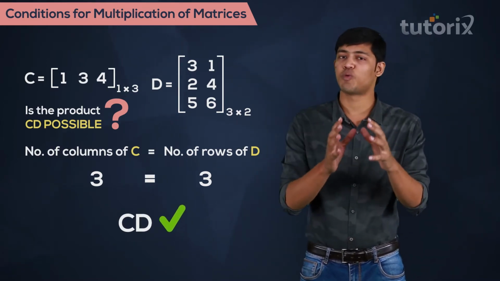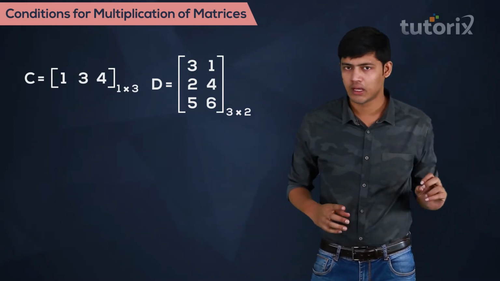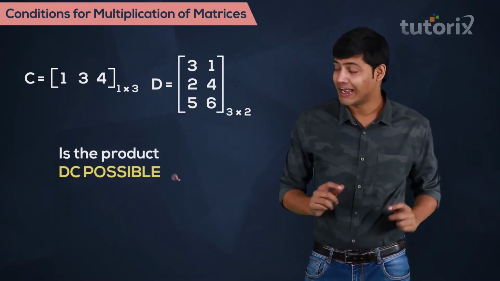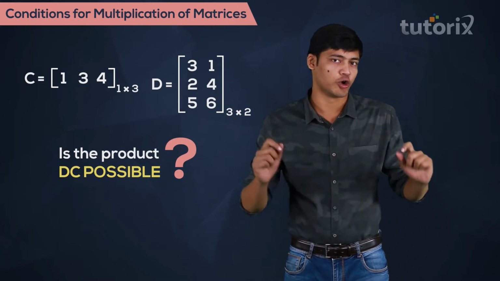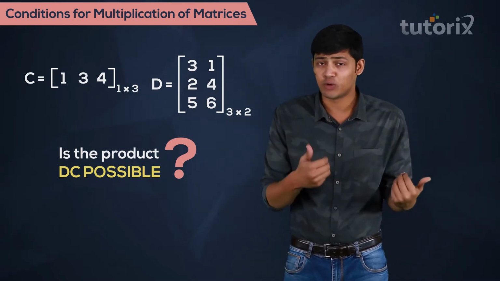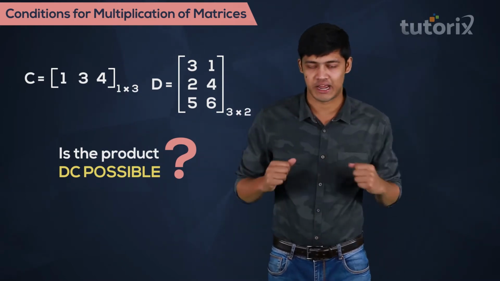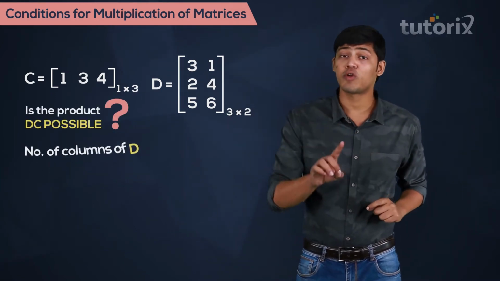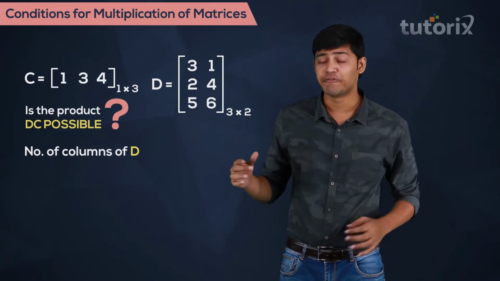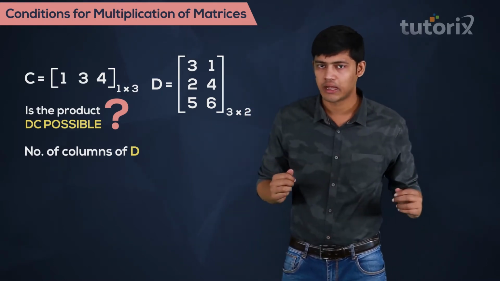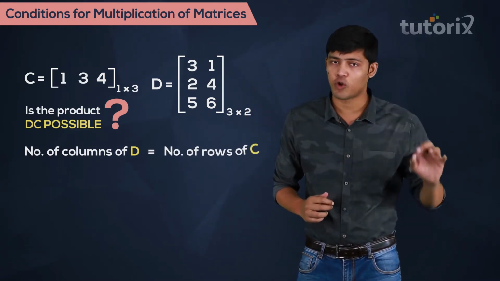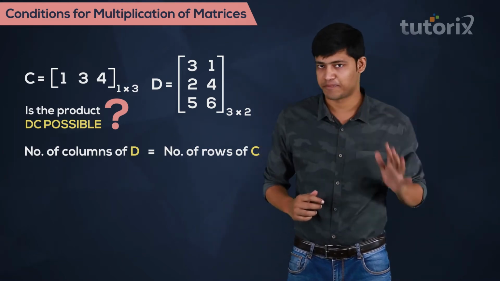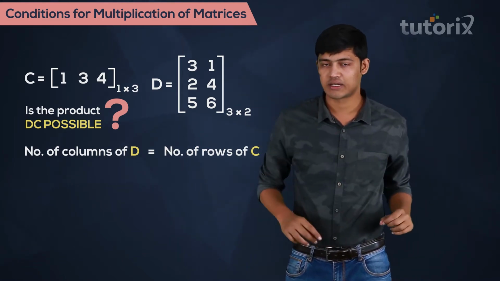which implies that the product of these two matrices in the order CD is possible. Now tell me whether the product DC is possible or not. So here we have changed the order this time. So now we have to check whether the number of columns of the matrix D, which is the first matrix this time, is equal to the number of rows of the matrix C, which is the second matrix.